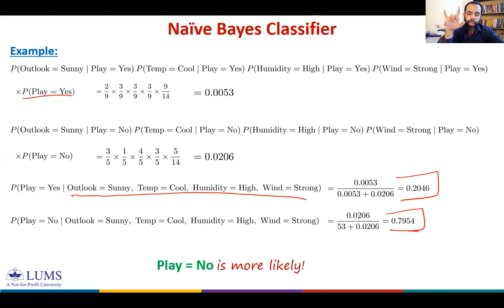And while computing the likelihood, we made one assumption, the naive assumption, that features are independent of each other. And this is a very good assumption that helps us in computing these probabilities very quickly, very efficiently from a small amount of data.